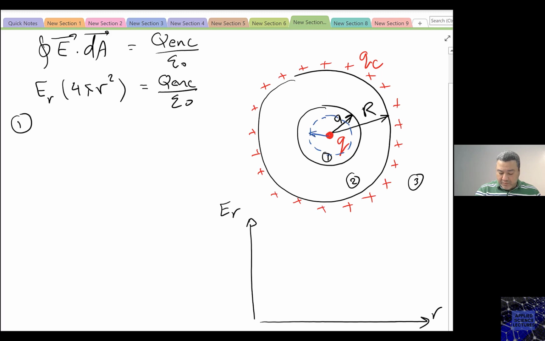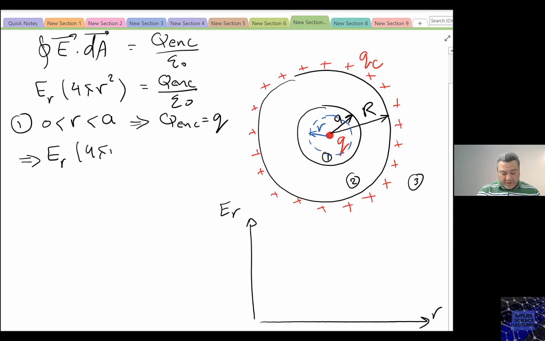It will be this sphere with a small letter r as the radius. Now we are at region number 1, so this r varies between 0 and a, which means that the Q enclosed for this region is Q. My Gaussian surface, this closed Gaussian surface, does indeed enclose a charge that is Q.